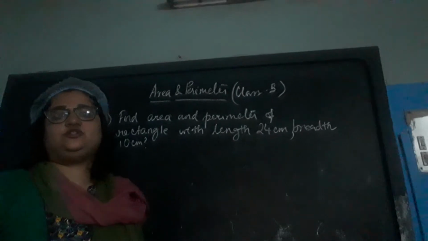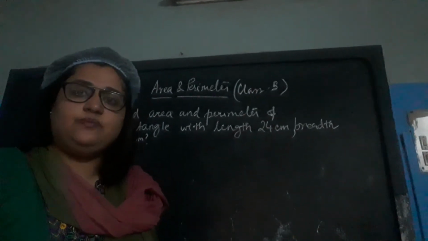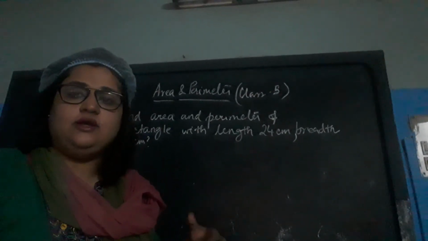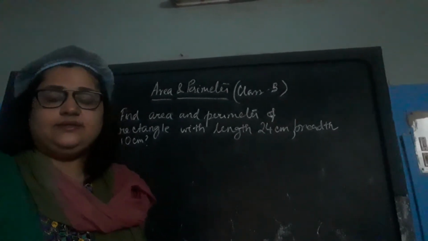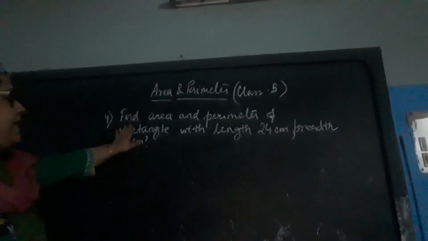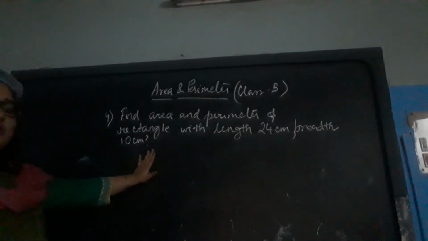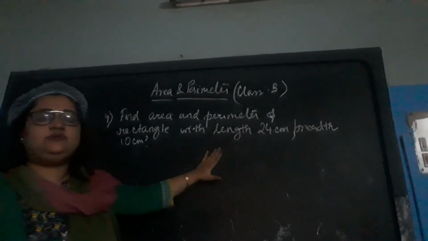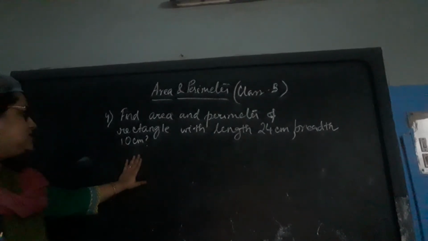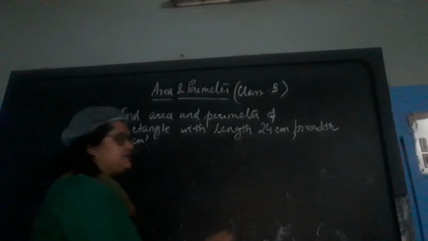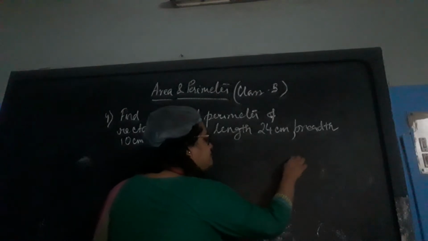Now going to the next question. The question is based on a different shape. We are moving towards rectangle. Find the area and perimeter of a rectangle with length 24 centimeters and breadth 10 centimeters. So what is a rectangle, or how is it different from a square?